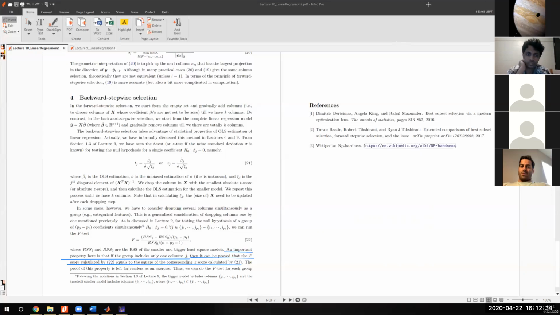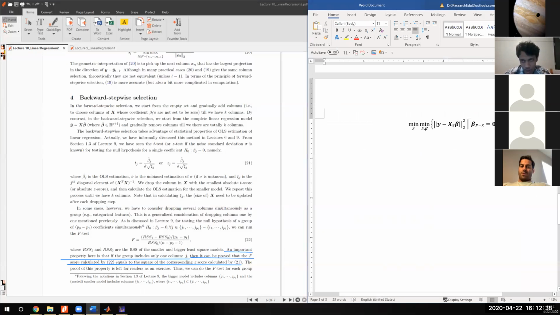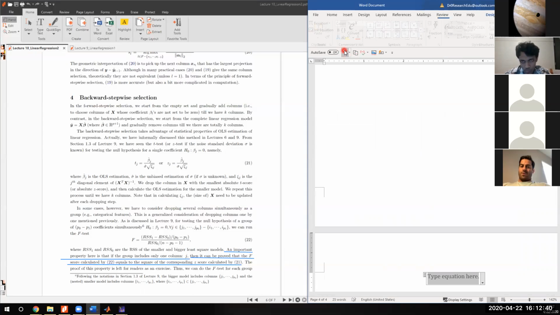For example, let's give a very simple example. Suppose I have beta 1, beta 2, and I have beta 0 as well. Usually beta 0 will not be dropped. And then let's make several more: beta 3, beta 4.